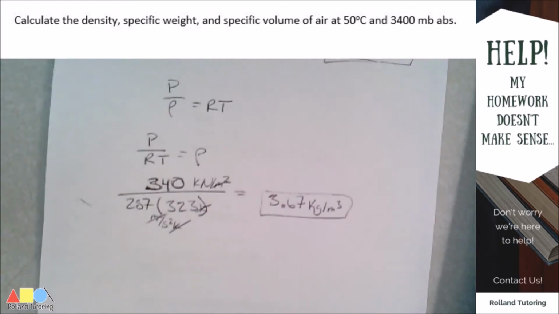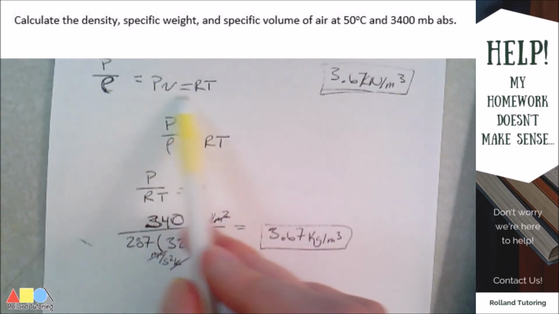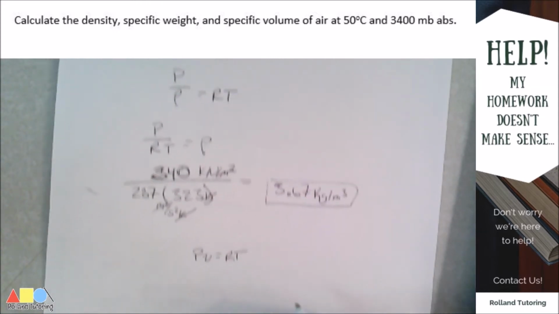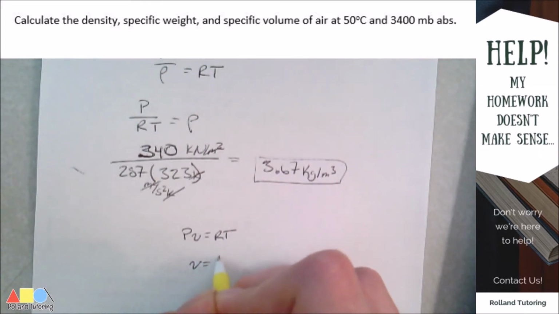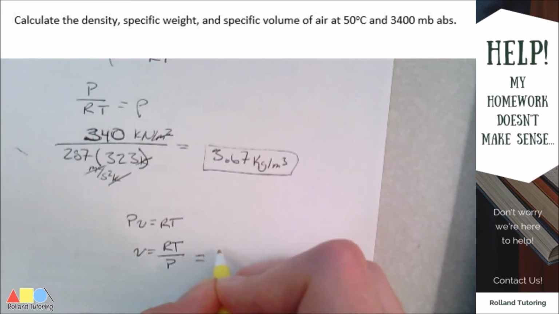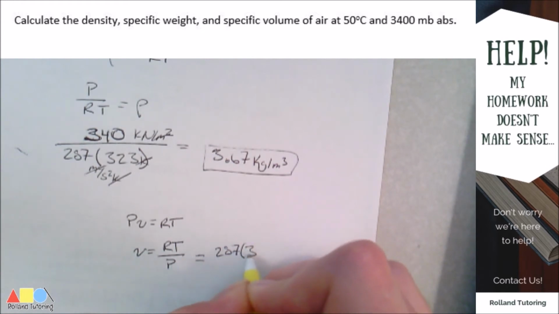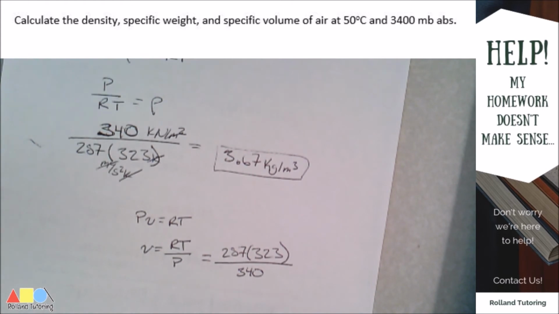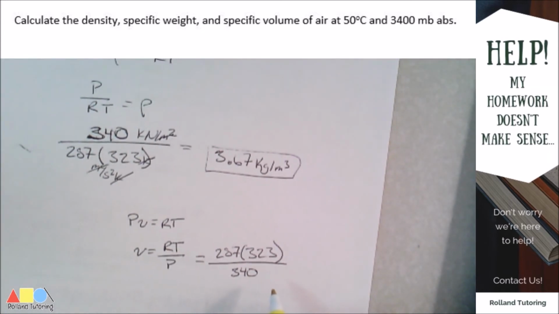We can move on to our volume. If we look at this same equation, we get pressure times volume equals RT, which gives us our constant times temperature over pressure. We can continue filling this out by 287 times 323 over 340, and we'll plug that in. 287 times 323 divided by 340, and then divide by 1,000 to get it into kilograms.